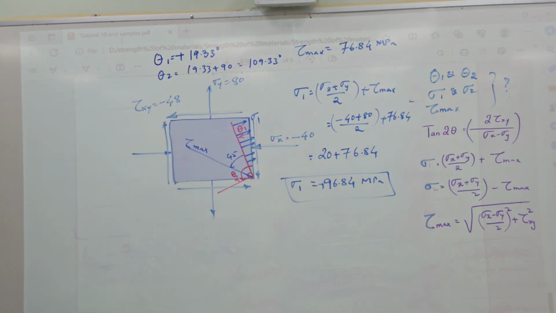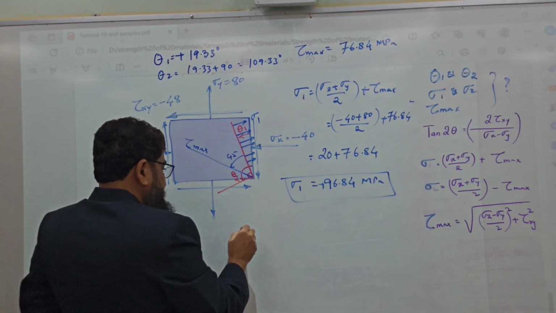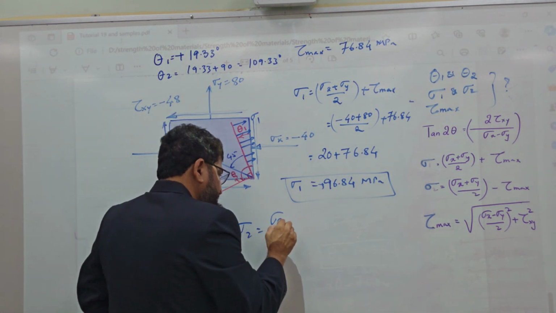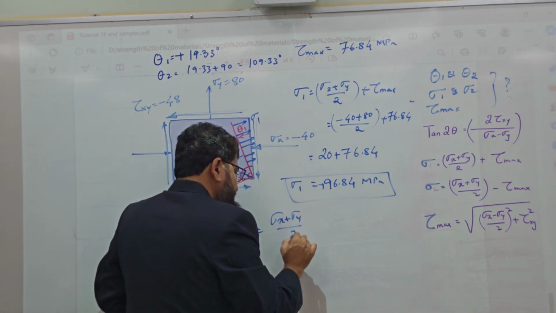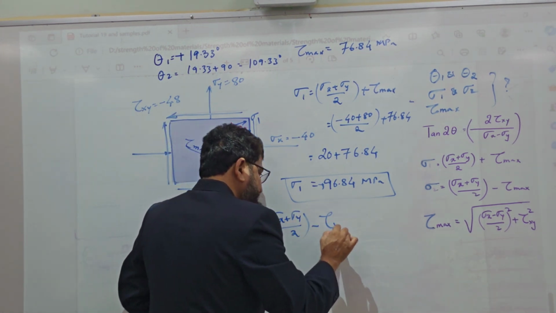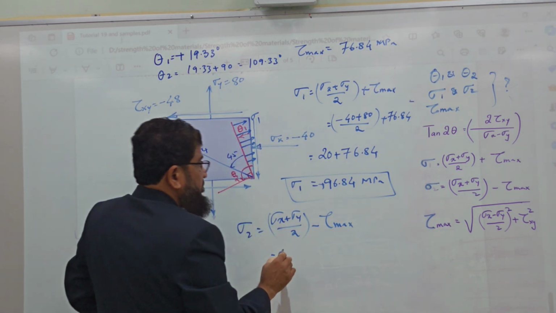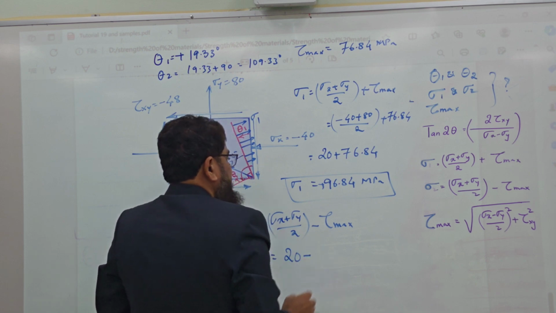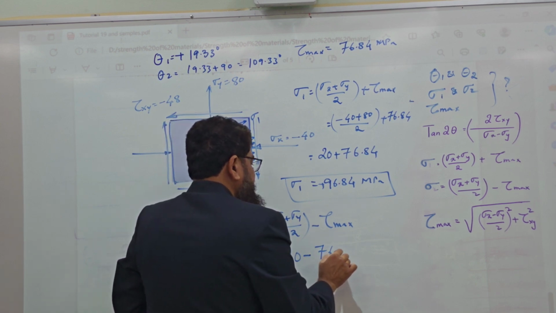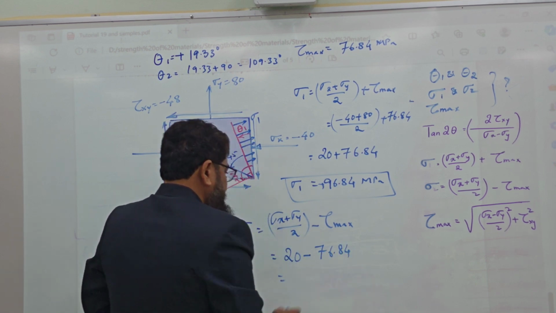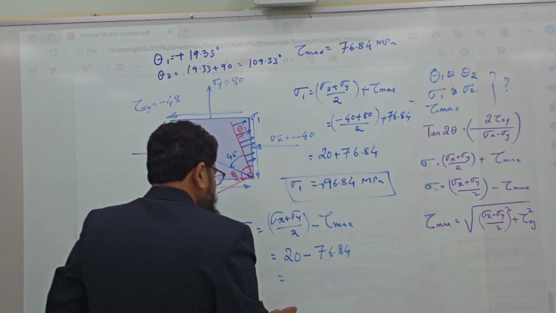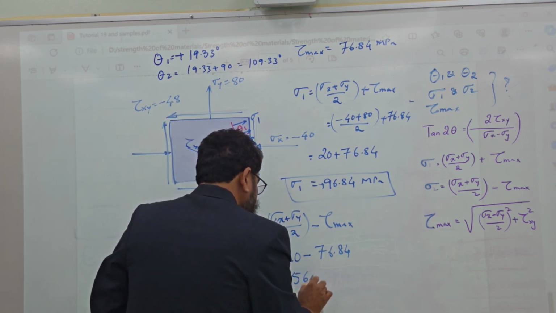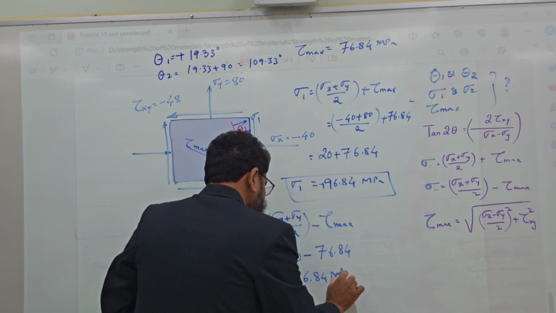The next value would be sigma 2, which is equal to sigma x plus sigma y by 2 minus tau max. That is 20 minus 76.84, which gives me 56.84 megapascal.